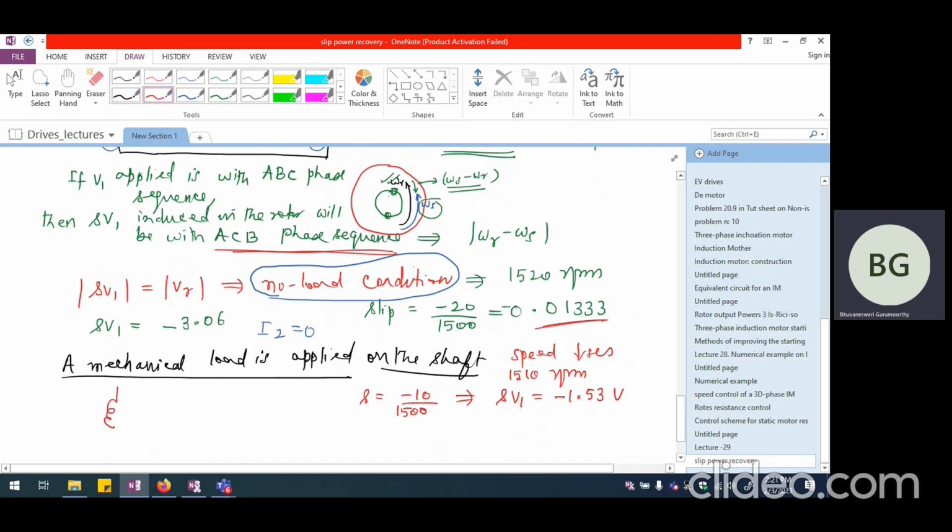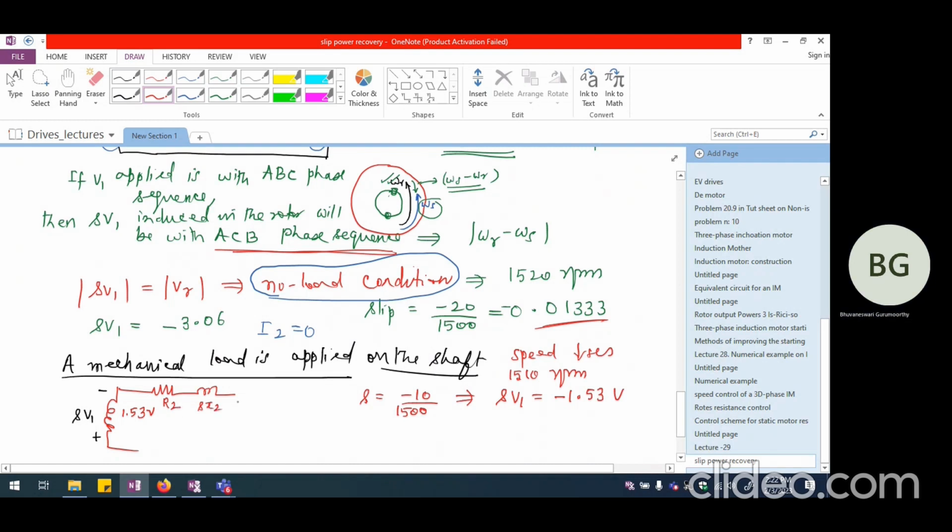So when we talk about this voltage being reduced to 1.53 volts, let me draw this clearly. This is going to be 1.53 volts with this as positive and this as negative. This is going to be SV1. Now you have R2 here and S times X2 here.